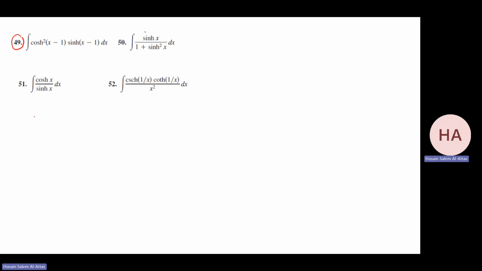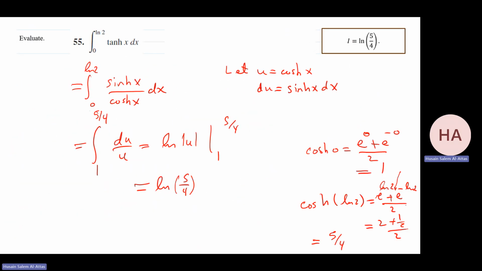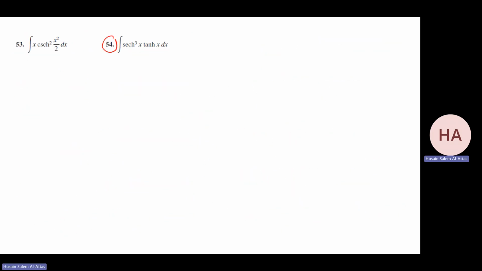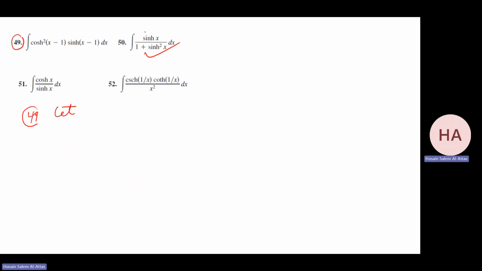This one, 49, I did. No need to do it again. 50, we did here. Okay, no need to do it again. Let u equal cosine hyperbolic of x minus 1. Du will be sine hyperbolic of x minus 1 dx, so this will be du.